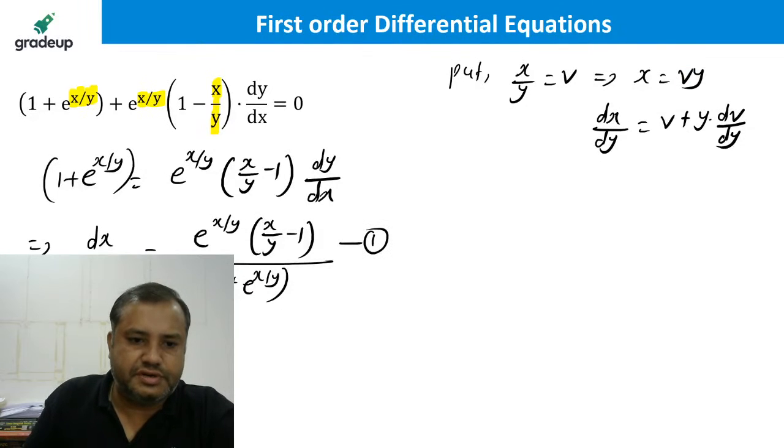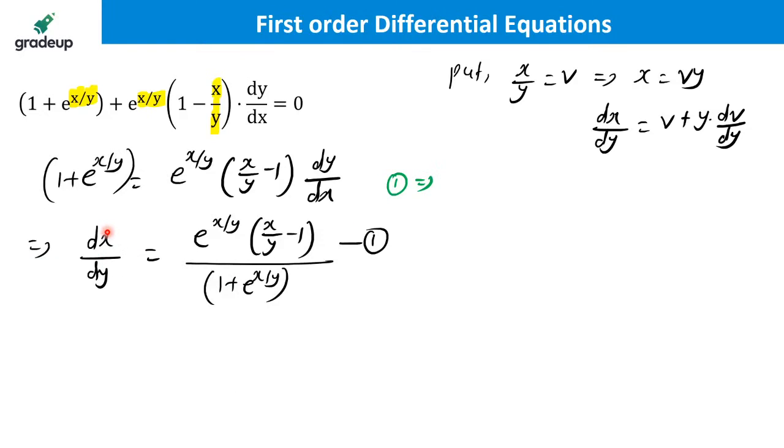Do the substitution. This dx by dy can be written as, what can we write? Tell me. This is v plus y dv by dy equal to e to the power v minus 1 upon 1 plus e raised to v.